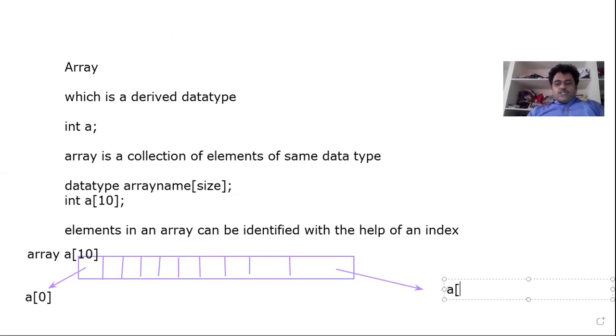So the first element is stored at location A of 0 and the last element at A of 9. The total number of elements is 0 to 9, that is 10, so you are able to store 10 elements.